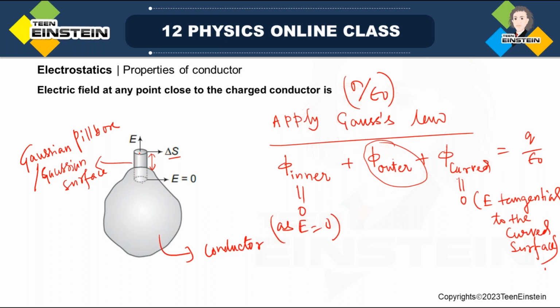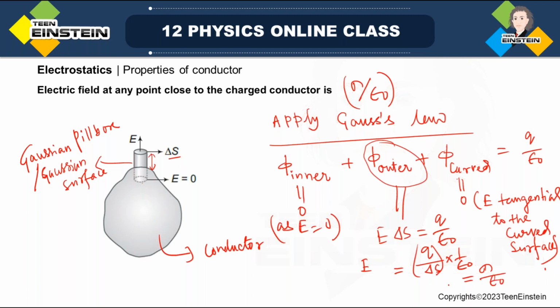Here the surface area is delta S and E is the electric field, so the flux is E times delta S, and this equals Q by epsilon 0. So E is equal to Q by delta S into 1 by epsilon 0, and Q by delta S is charge by area, which is the surface charge density sigma.